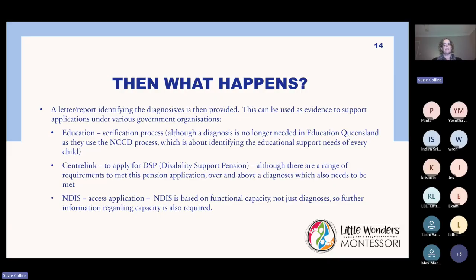Different schools have different processes, but the majority of schools I've found in Queensland go through what's called a verification process. Education Queensland have recently changed this process. They don't do a verification process because they use what's called the NCCD, and I can't recall what that stands for. I just know it's the NCCD.